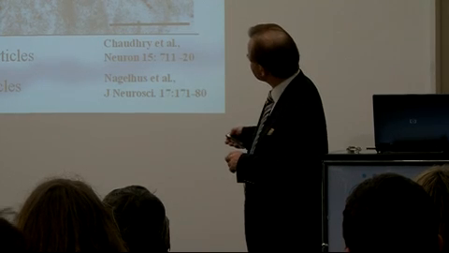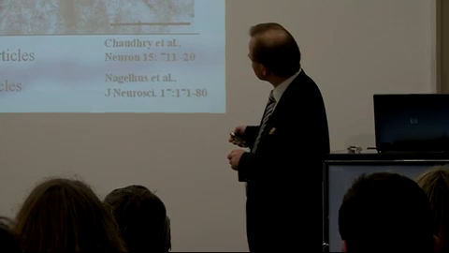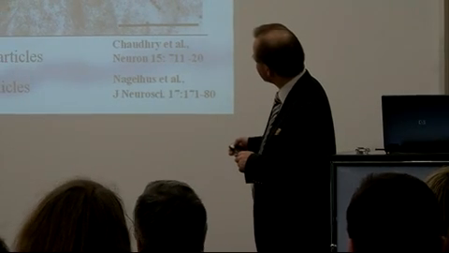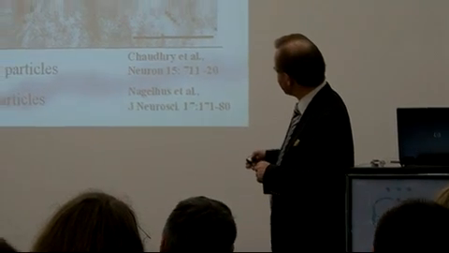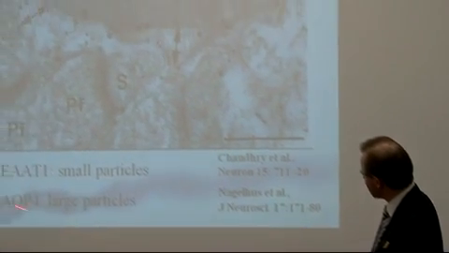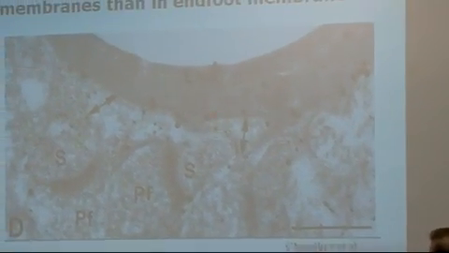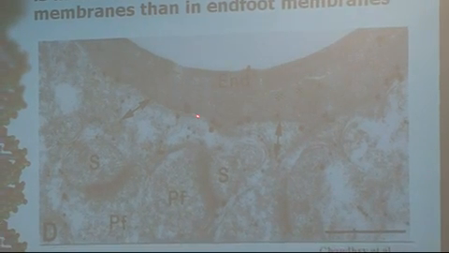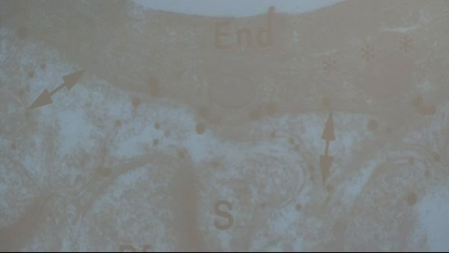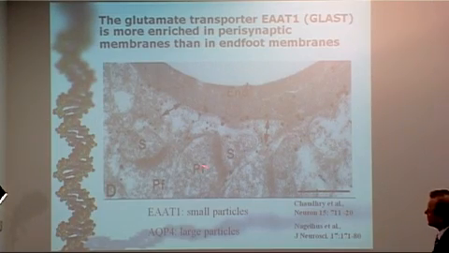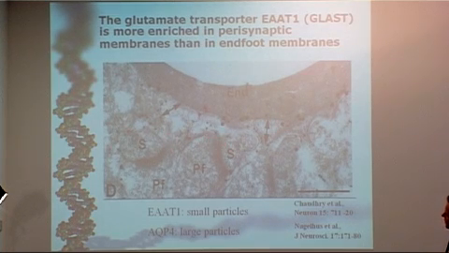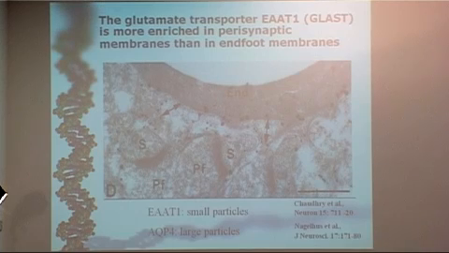The small gold particles show the glutamate transporter, and the large particles aquaporin 4. And there is an inverse relationship here. The end-foot membranes contain a lot of aquaporin 4 and low amounts of the glutamate transporter, and the exact opposite is the case for the perisynaptic membranes that you see around the synapses here. It's a bit light in the room, but you should trust me that this is the case.